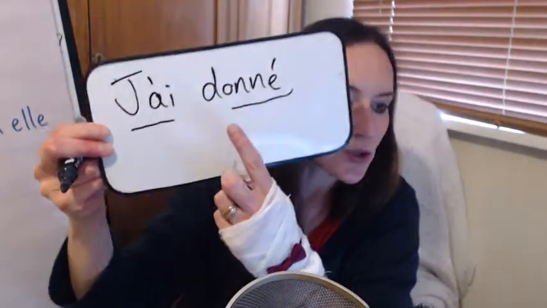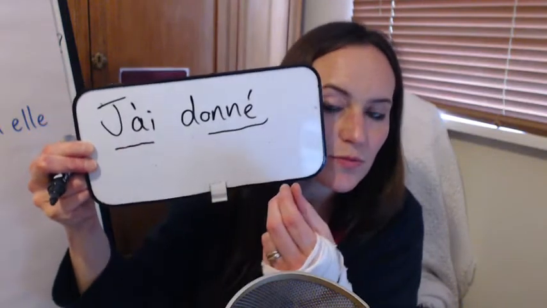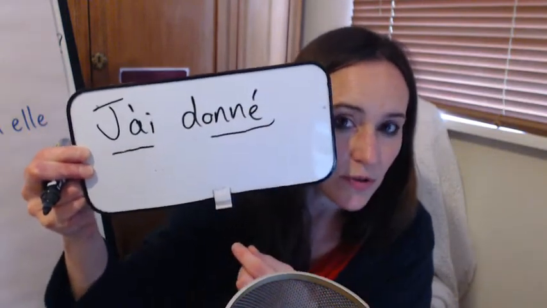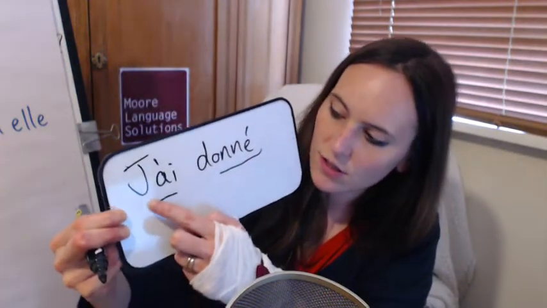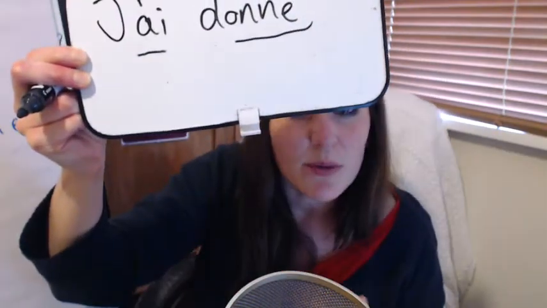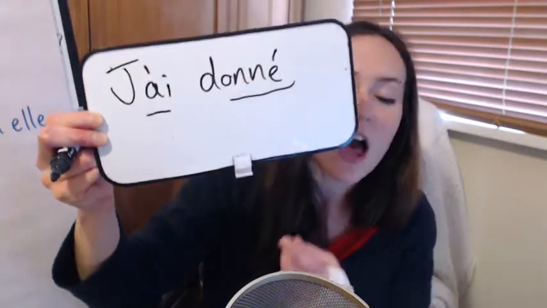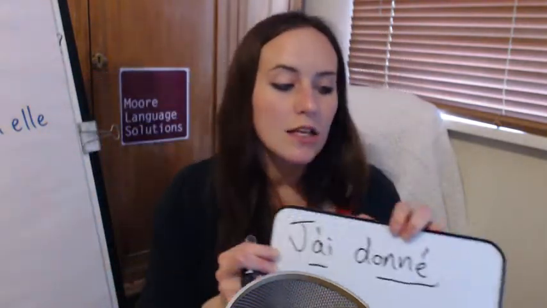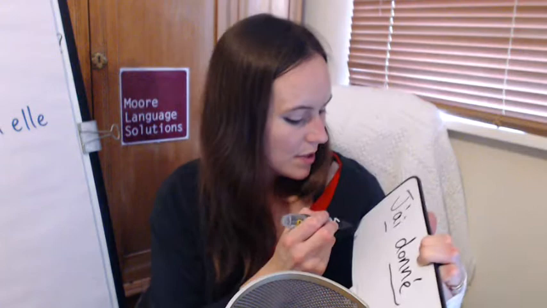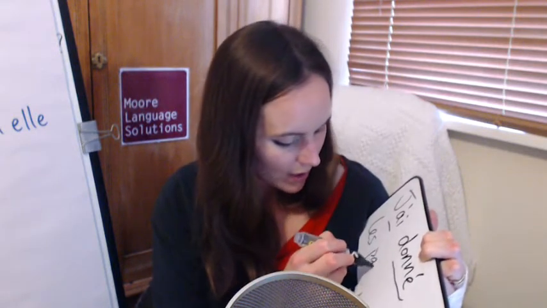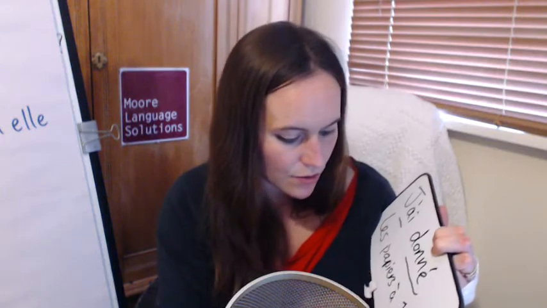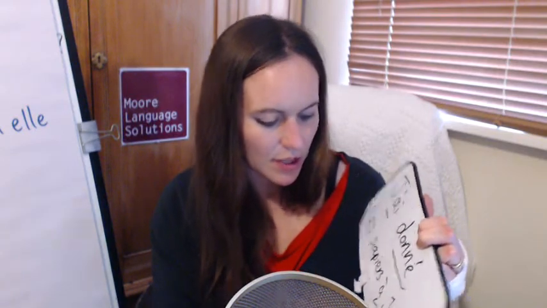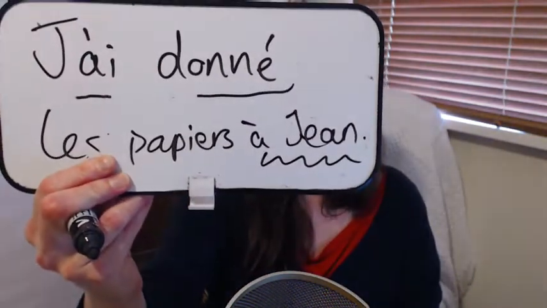Okay, and je here is abbreviated with an apostrophe because it's followed by a verb that begins with a vowel, right? So the je bit is the subject pronoun je for I. I have given. So what was the rest? Les papiers, papers, à Jean. Okay, so that bit there with the line underneath it is the bit that we're replacing.